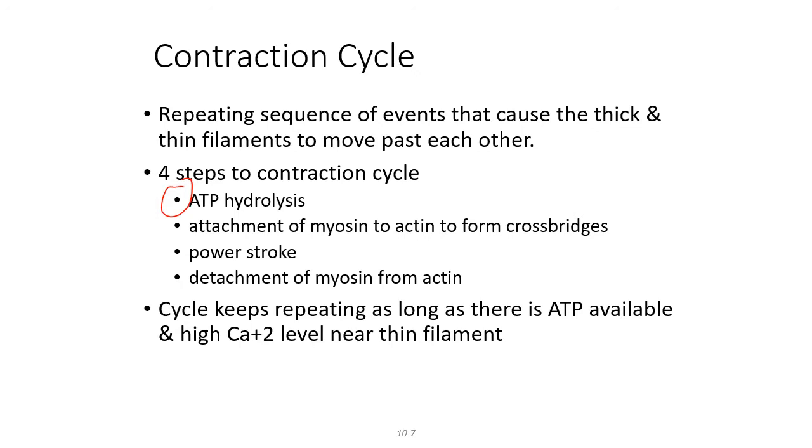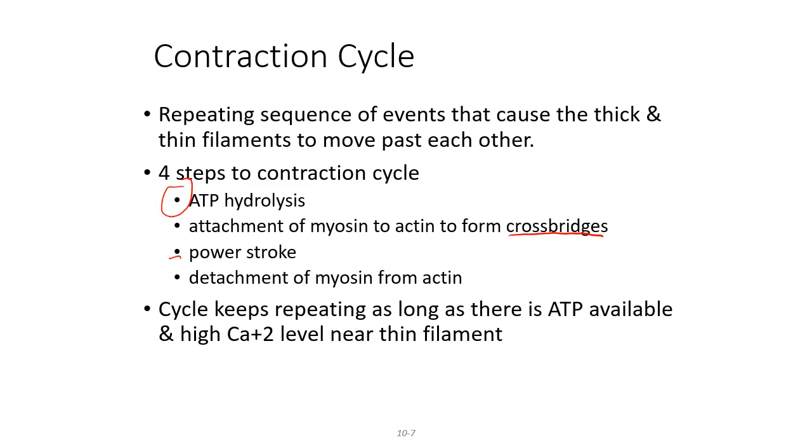ATP hydrolysis has to happen before the actin is even ready for contraction. Once that binding site is open, the myosin binds to the actin, and we form cross bridges. That formation of the cross bridge is essentially the attachment of the myosin to the actin. It then goes through a power stroke.